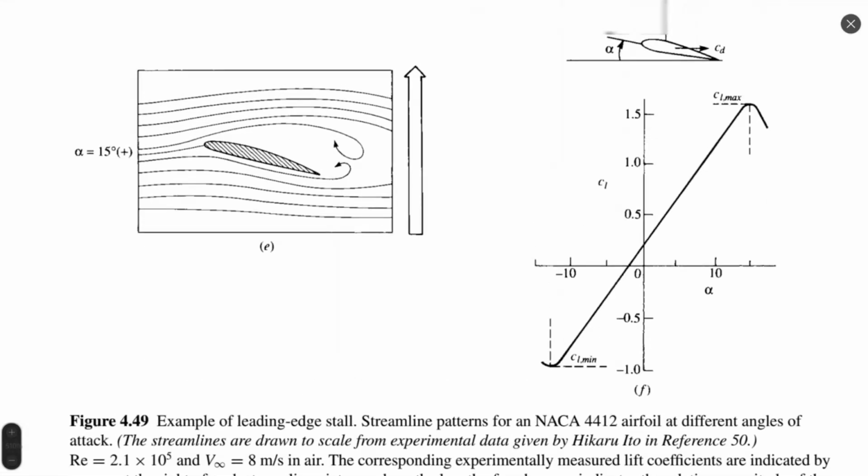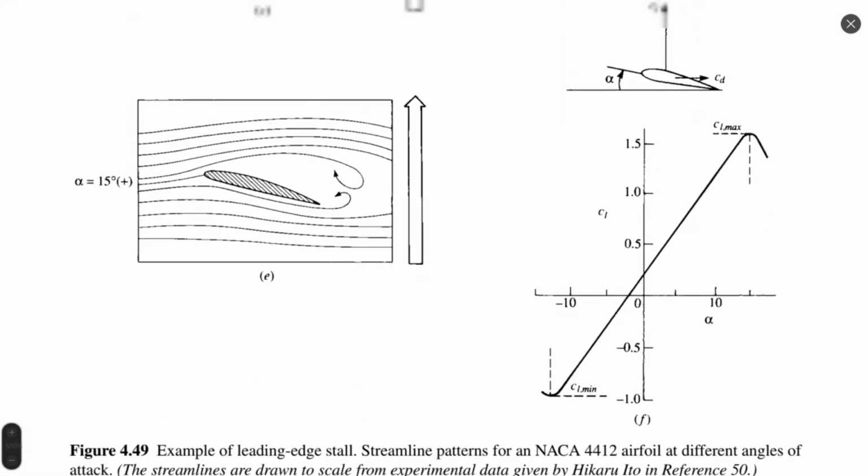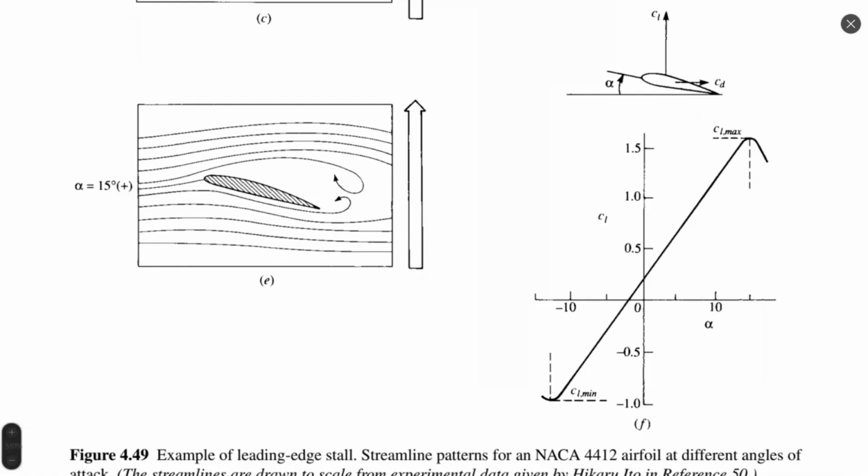Looking at the characteristics of this airfoil, let's take a look at figure F. We see that the lift coefficient behavior is linear between stall conditions, right? This line of lift coefficient is also shifted by alpha L0, which is approximately minus 2 degrees.